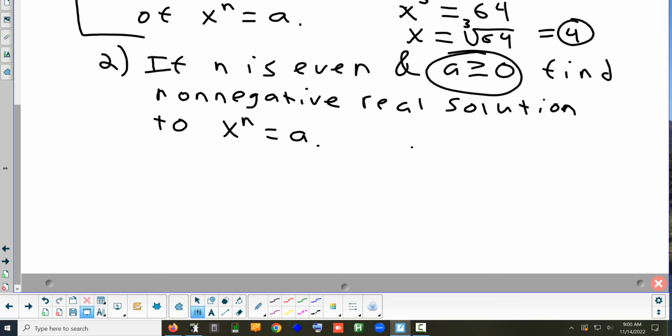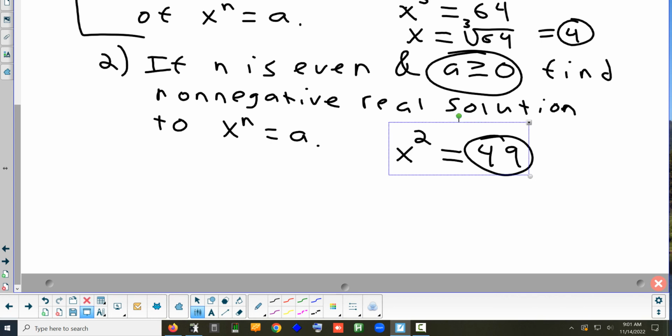I would say that there's some number times itself that will give you 49. Something times itself equals 49. That number that I just circled has to be greater than or equal to 0. Because if it wasn't, what we're about to do in the next step would be a problem.